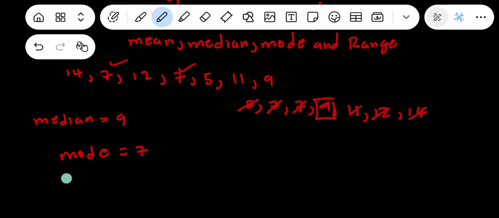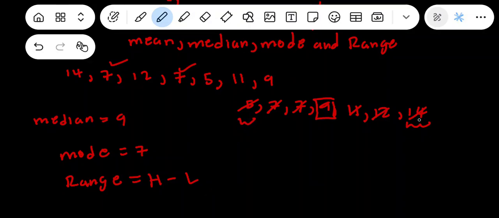So what about the range? The range is the higher number minus the lower number, the biggest number minus the smallest number. Since you've written this in increasing order, the highest number is the last one and the lowest number is the first term of your sequence.